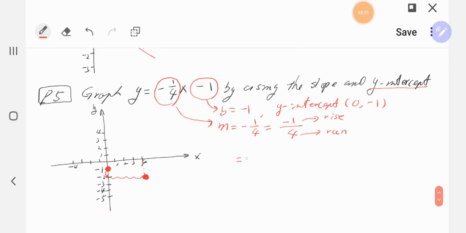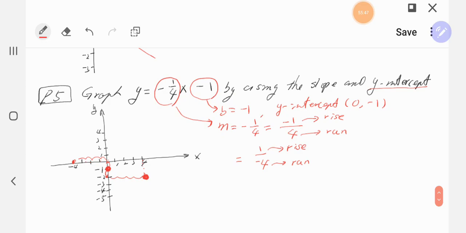What if we move the negative sign to the denominator? Then it looks like this. Then rise is 1 unit up. Run is 4 units left, right? So you can move 1 unit up and 1, 2, 3, 4 to the left. So that is another point.